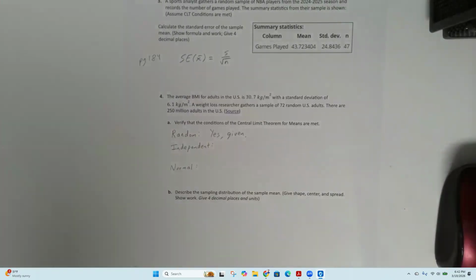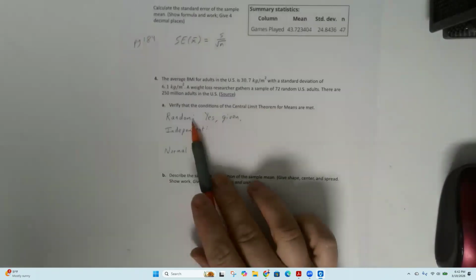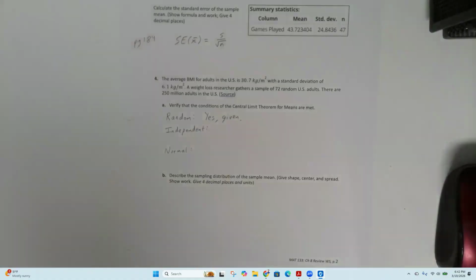But in practice, this is actually the hardest condition to satisfy. Think about it like this. If I wanted to measure 1,000 people's height in the US and then average those heights, every person has to have equal chance of getting selected. So when I select my 1,000 people, I'm going to end up getting people from all over the place.